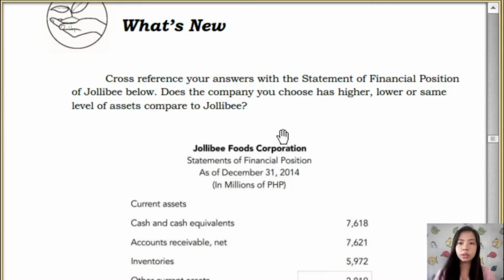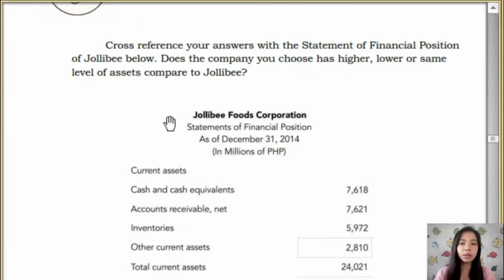Next, for what's new activity, cross-reference your answer with the statement of financial positions of Jollibee below. So, cross-reference lang. Kung naglista kayo ng mga asset na ito, you can check it. You can write a paragraph na same assets are needed with the company I am familiar with the Jollibee, with the given statement of financial position of Jollibee.